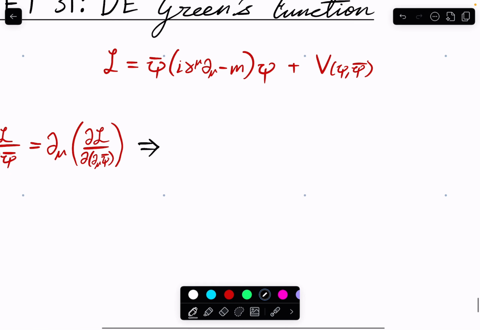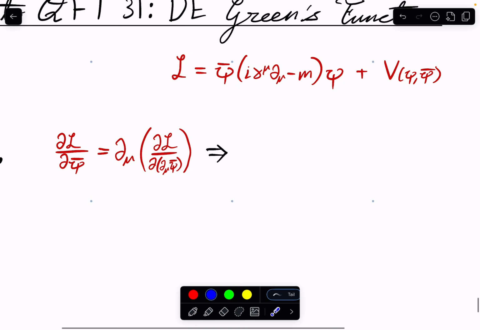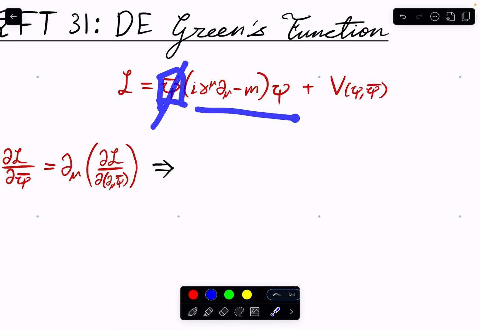Therefore, if we do the left-hand side first, we take the derivative with respect to the conjugate spinor. Then this side will disappear and we'll be left with this.